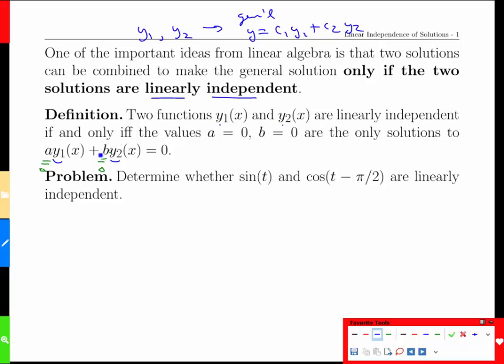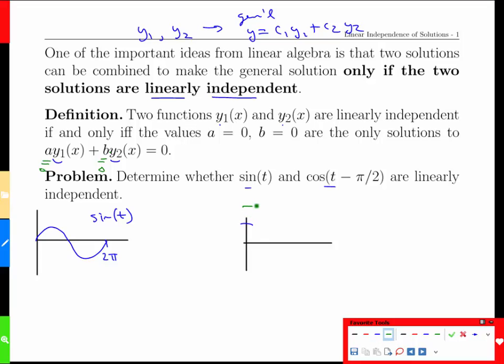because they can be used to cancel each other out. So, for an example, if we look at sine t and cos of t minus pi over 2, we notice right away if we graph them, we'll try to graph that a little more square. There we go. The sine graph, of course, is the graph that starts at 0, has period 2 pi. That is sine of t. Now the graph of cos of t minus pi over 2, well, cos starts usually at its peak and then goes down.